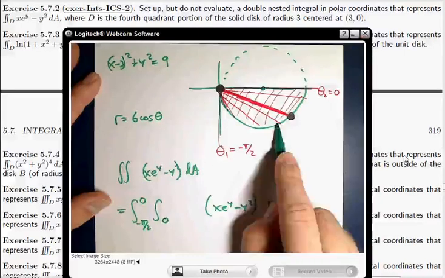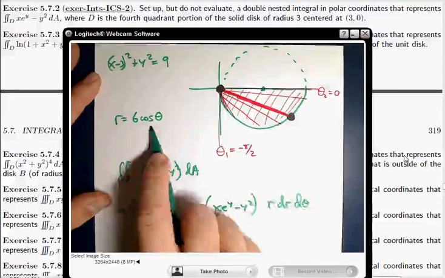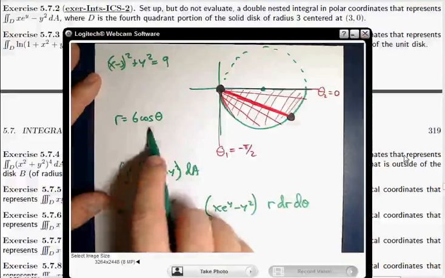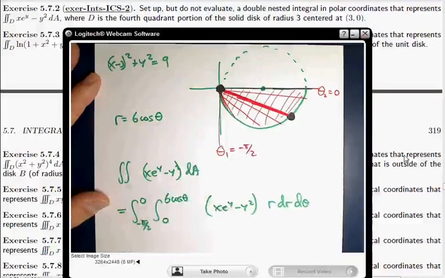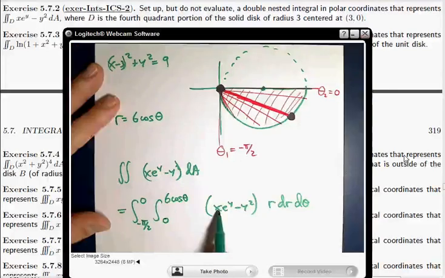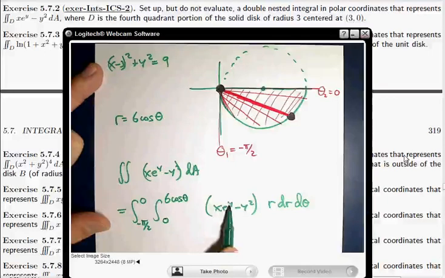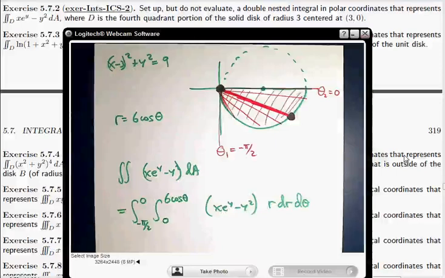That point's on this curve, which has that equation, so solve for r. It's been done: 6 cos θ. Is that good? And the last thing, of course, is you just plug in what x and y are in polar coordinates. x is r cos θ, y is r sin θ. Note that the problem just says set up but do not evaluate a double nested integral. So it becomes a double nested integral, and we're done.